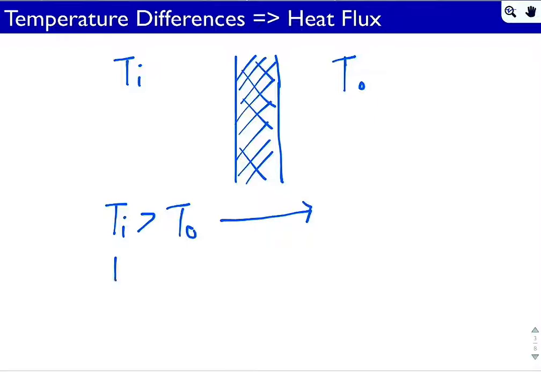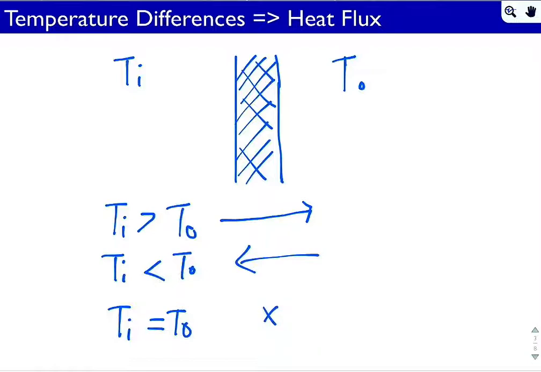If the inside temperature is less than the outside, let's say it's summertime, then the heat is going to move into the classroom. So the difference in temperatures will determine the direction of travel, and if the inside and outside temperatures are equal, then we would have no heat travel.